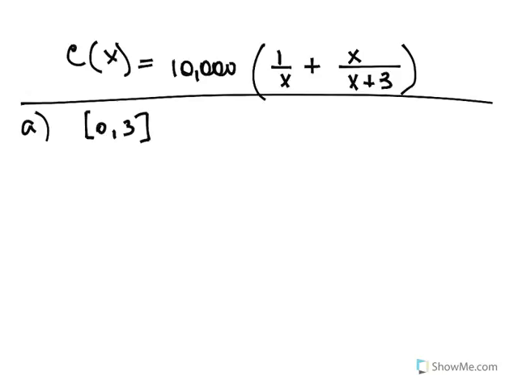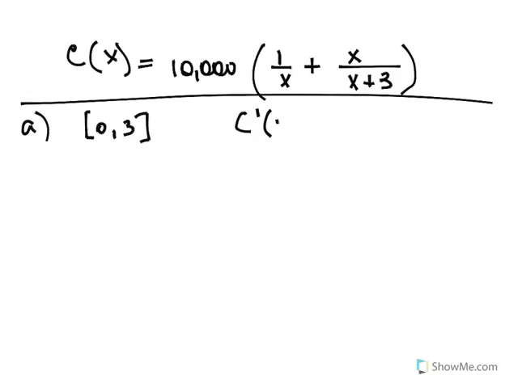So one more time, they're asking us if there is such a value of r on this interval such that the average rate of change is equal to C prime of r.